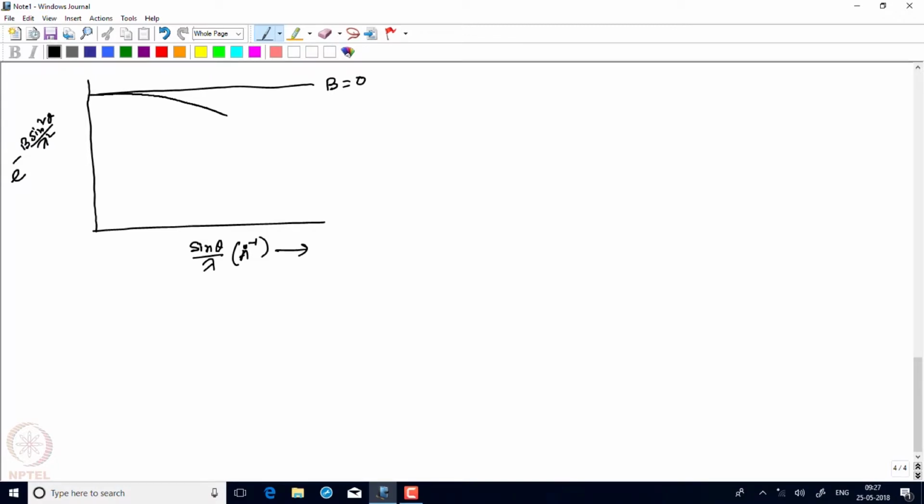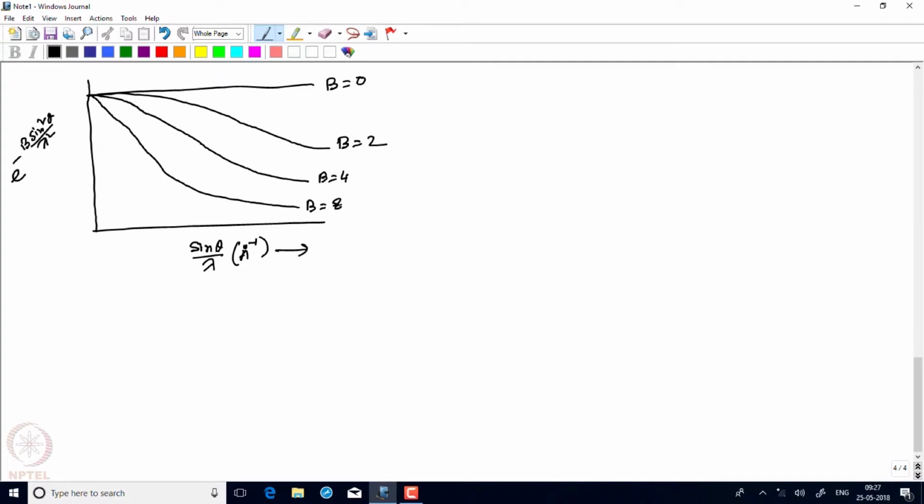When B is 2, we get a line like that. When B is 4, it is more severe, and when B is 8, this decreases significantly.